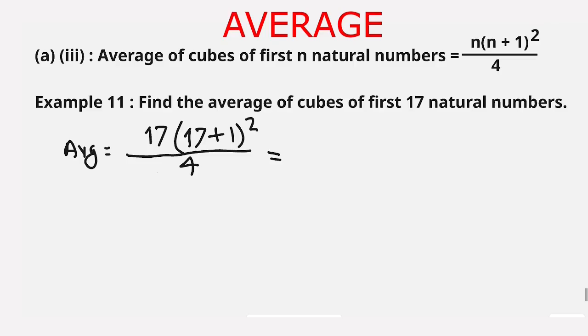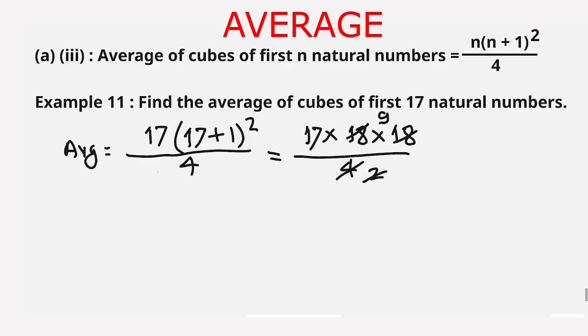So this is 17 multiplied by 17 plus 1 square is 18 multiplied by 18 divided by 4. 2 divides 4 for 2 times and 2 divides 18 for 9 times. Again 2 divides 2 for 1 time and 2 divides 18 for 9 times. So this is equal to 17 times 81.